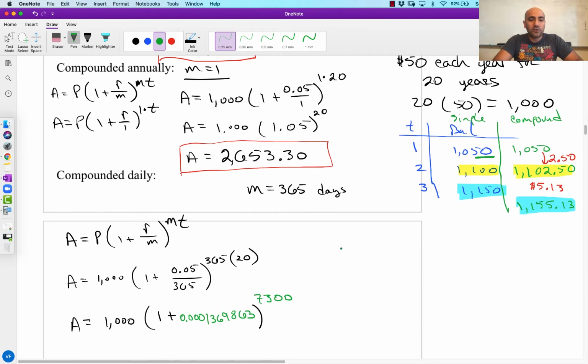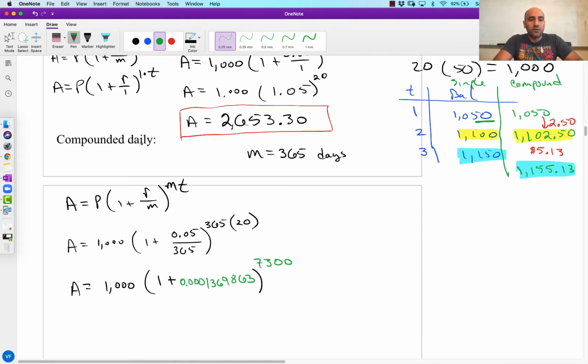Okay, now if we want to turn it into a daily situation, then what we do is we take the annual interest rate given divided by 365. This gives us the daily interest rate, right? When I divided these, this gives me the daily interest rate.